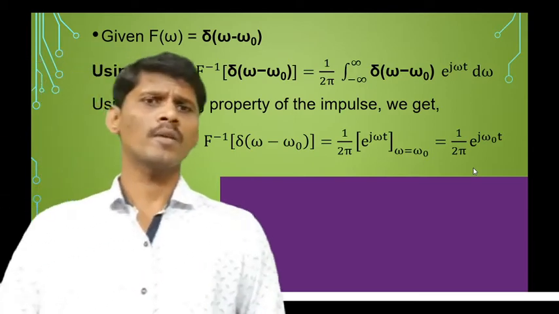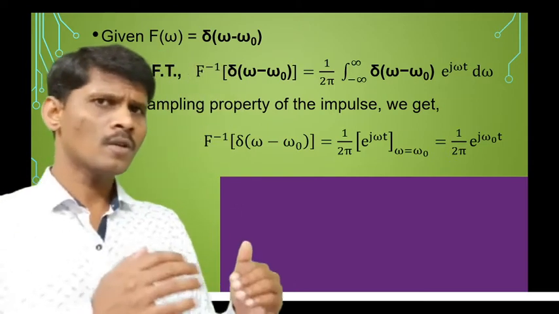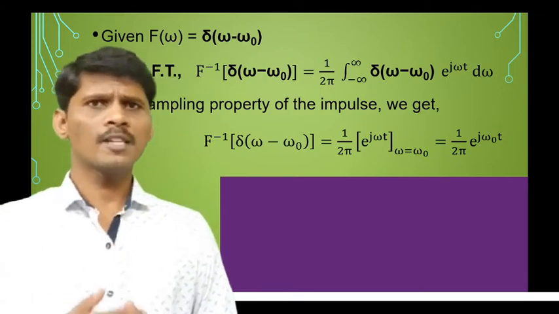So this is the value of F inverse of δ(ω − ω0).